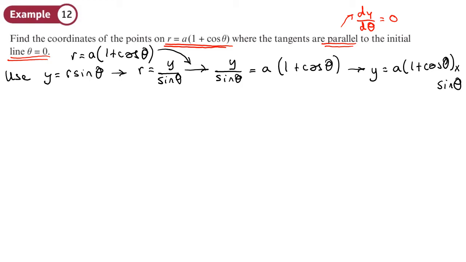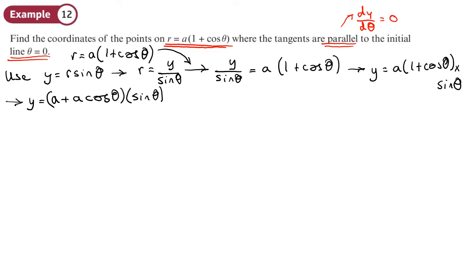Now what I can do from here is use the product rule. So I'm going to write it like this: we've got a plus a cos theta, and that's going to be times by sine theta.